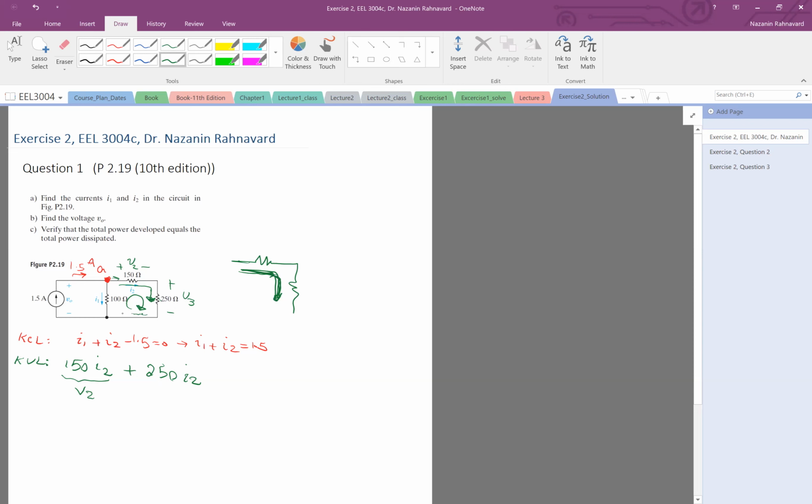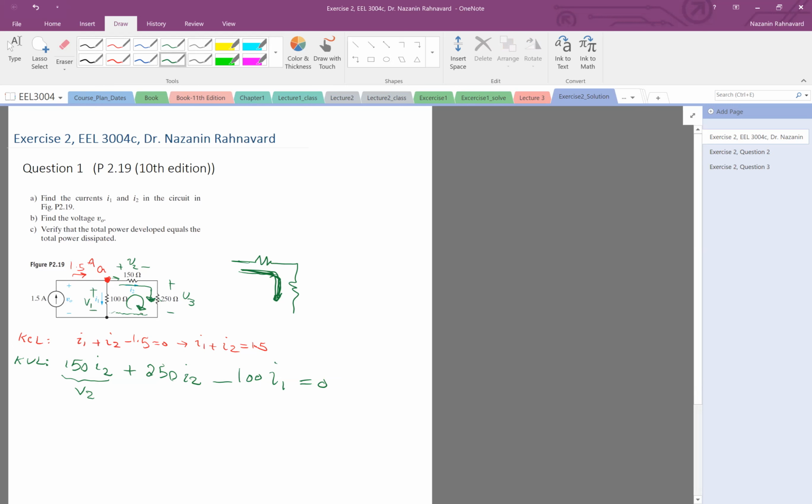We are moving here. Okay, and now this is interesting. We have a 100 ohm resistor, but the current is not going this way, it's going that way. That's why I put minus 100 times I1 equal to 0. This is the important part. You can think of it as I1 going down, so plus and minus V1 is like this.